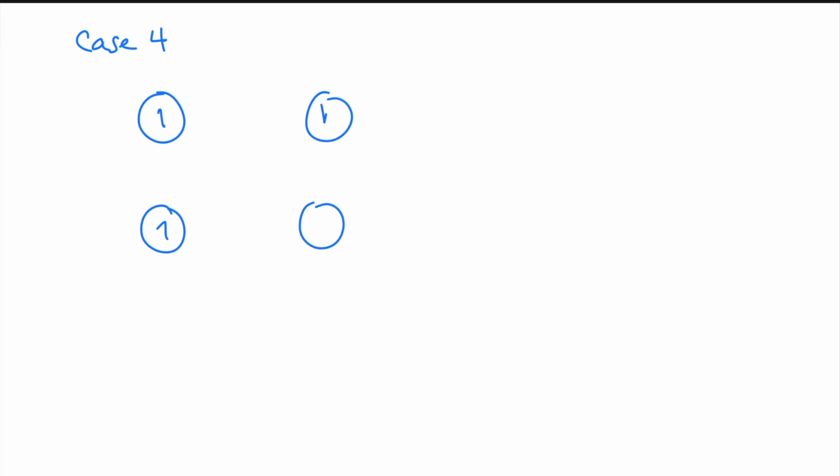But the most important or interesting part of this is what happens if both inputs are actually 1s. So we repeat the same process. This time we assume that we have two 1s. And we find H1 and H2.